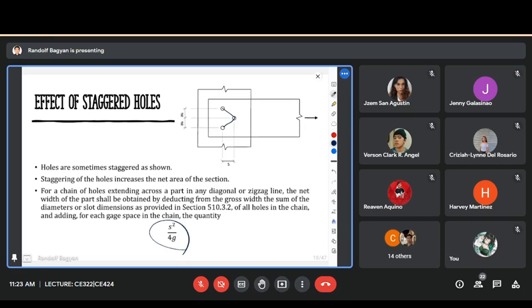S is the longitudinal spacing, kasi yung longitudinal section, of course, yung mahabang part ng ating member. So, this is pitch. And then, G is our gauge. G is our transverse spacing, center to center ng ating bolts, class. Transverse spacing, or what we call gauge or G.